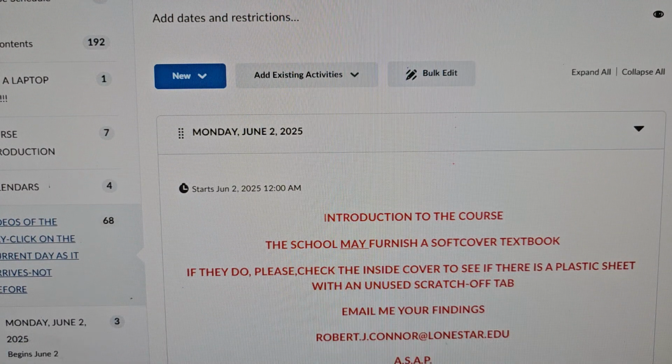Okay, and here I'm saying that the school may furnish you a textbook. It may have a flap on the inside of the front cover, and it may have a code on it that has not been used. And if it hasn't been, then scratch that sucker off and use it, and then you don't have to pay anything to get access to the course.